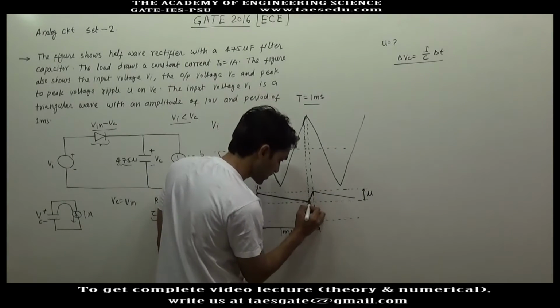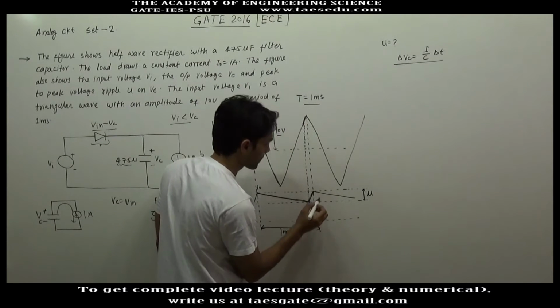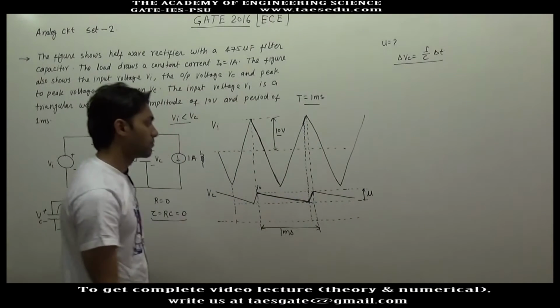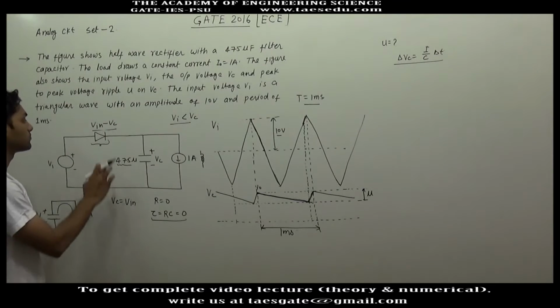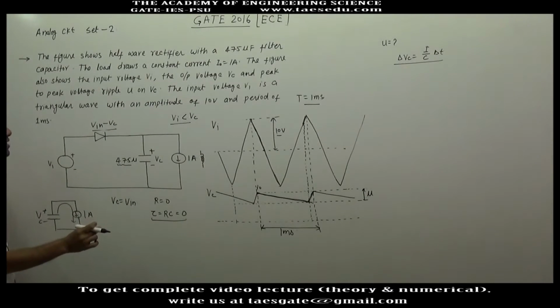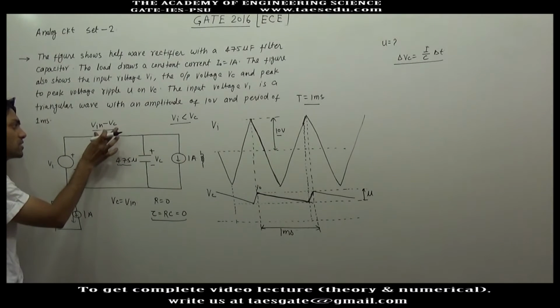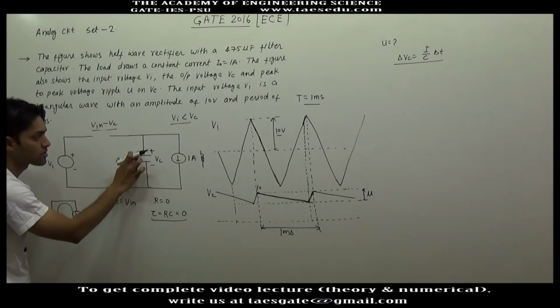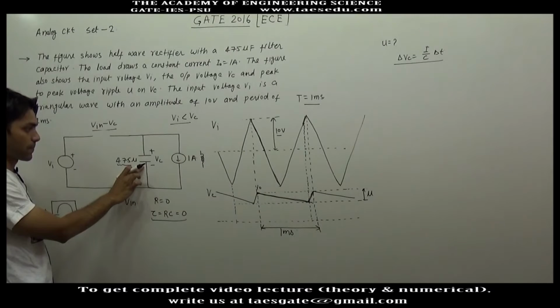But first let us find out the reason why capacitor voltage is decreasing. Because the input voltage is less than capacitor voltage. If input voltage is less than capacitor voltage, then the diode is open circuited, then capacitor has to supply the load current, that's why capacitor voltage is decreasing.